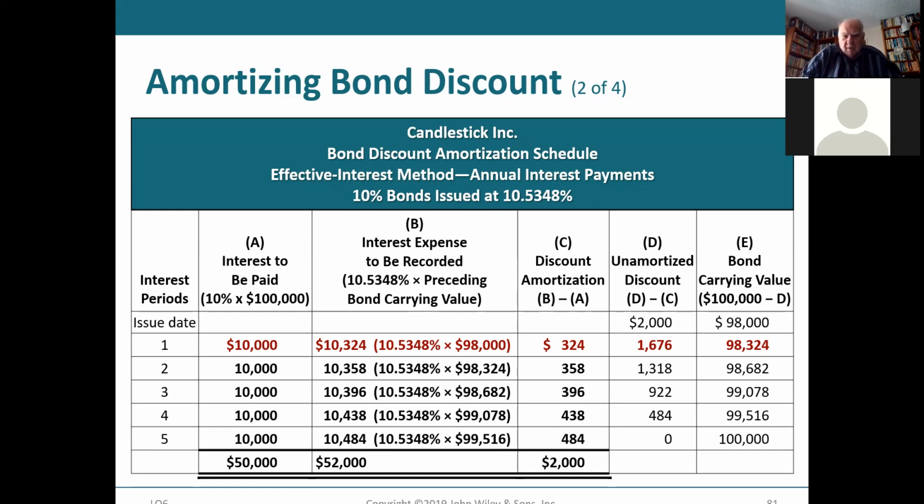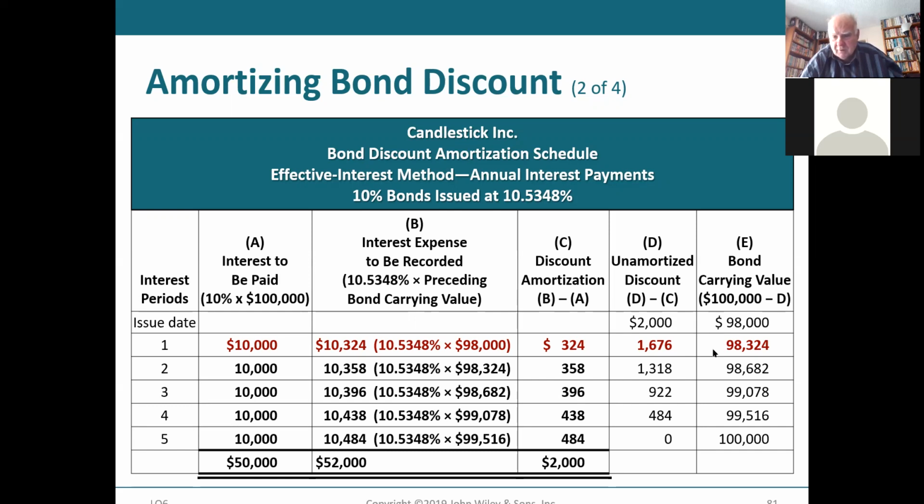Net book value of the bond times the market rate equals total interest. Total with a capital T, total interest. So that's our total interest. We know of that total interest, 10,000 of it is payable in cash. The difference is the amount that becomes amortizable. 98, in this case, plus 324.